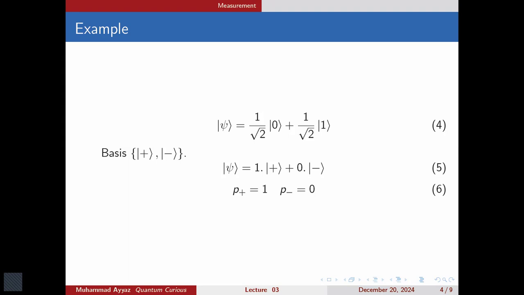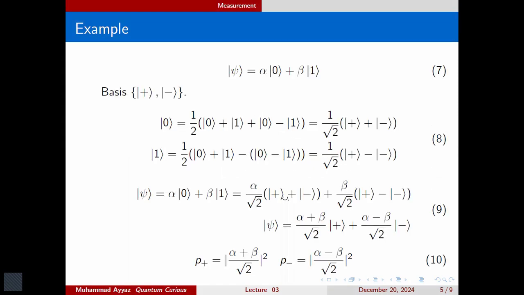The probability amplitudes associated with the given state are 1 and 0. So the probability of getting the plus outcome is 1, and the probability of getting the minus outcome is 0. That's how we can calculate any state in an arbitrary basis of our desire and choice.